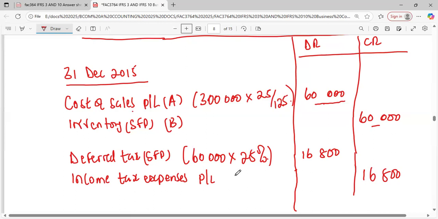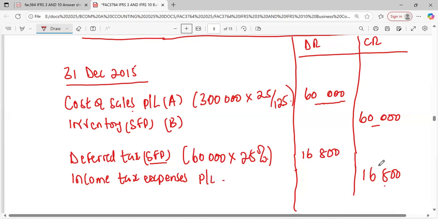And then when you go to your consolidated statement of financial position, you now go and take this as a deferred tax asset. You take it to the consolidated statement of financial position. When you go again to your consolidated statement of profit and loss, you now go and reduce your income tax expense by this figure.